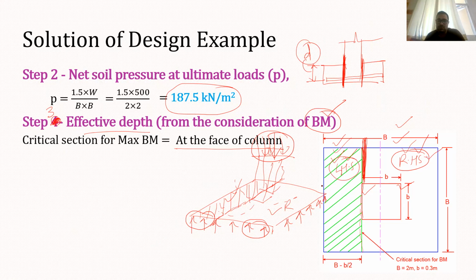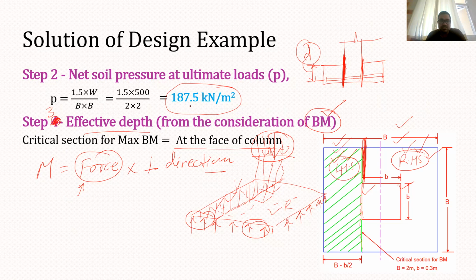As per definition, bending moment is the algebraic sum of moment of forces, and here we have only one force, so the bending moment will be force into perpendicular distance. Now we know that force is stress into area, or pressure into area.